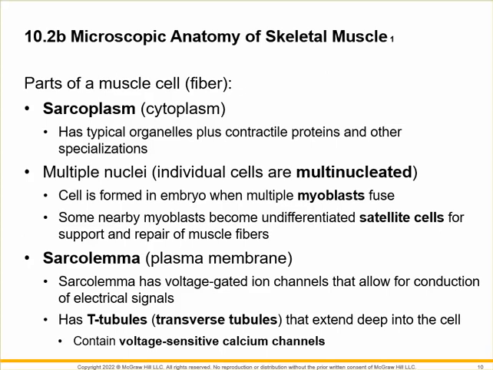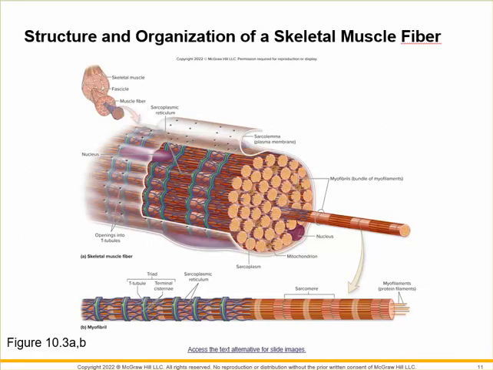We'll see in the picture here. So when we look at the picture, what we're seeing here, it looks like this stack of round organelles, which it is, and those organelles are the organelles of contraction, and they're called myofibrils.